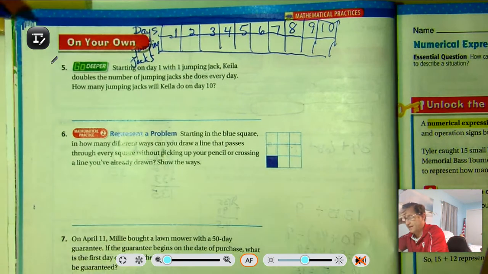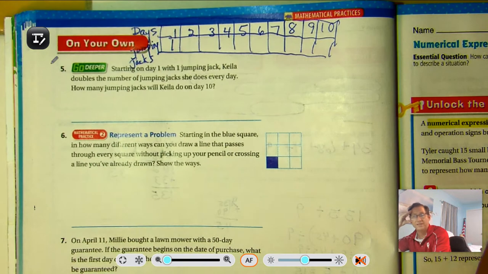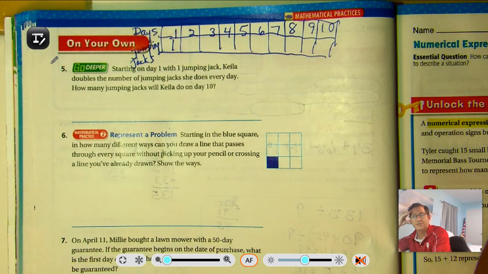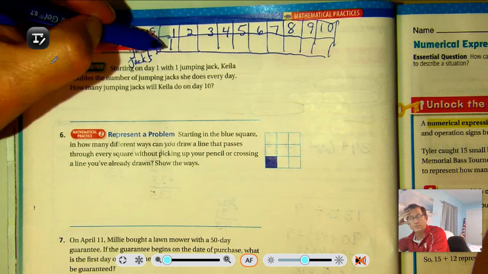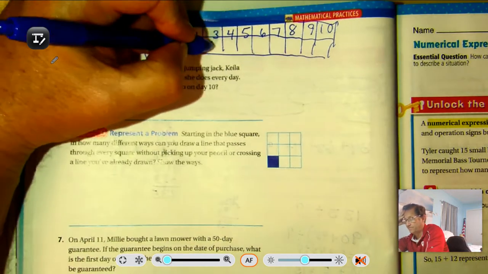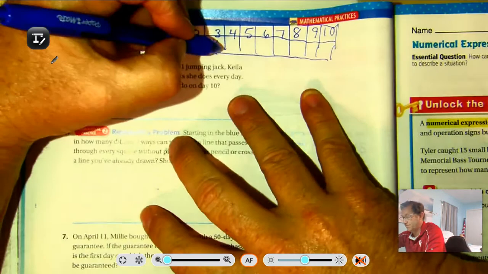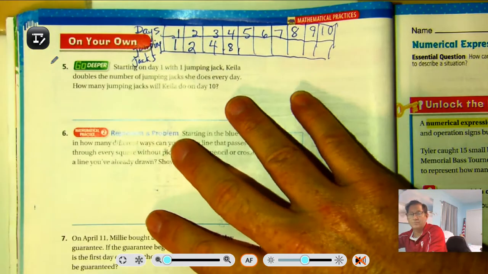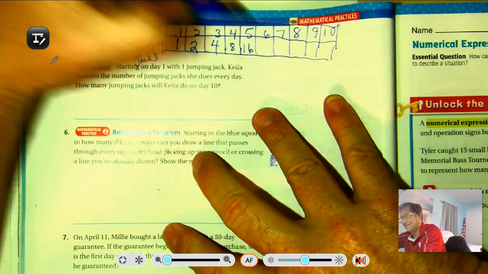All right, so starting on day one, 1 jumping jack. She doubles that amount every day. Well, what's twice 1? 2. What's twice 2? 4. What's twice 4? 8. What's twice 8? 16.